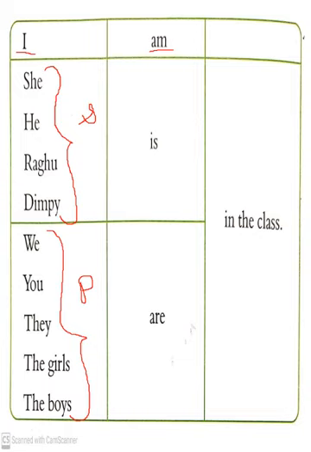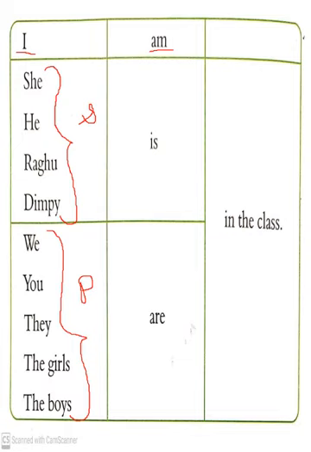You is also taken as plural because the you can be so many. The you is the second person whom we are talking to. So it can be one or it can be two. But in both cases, we are going to use are with this pronoun. So it will be you are in the class.